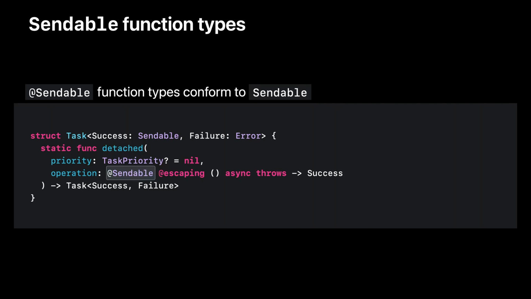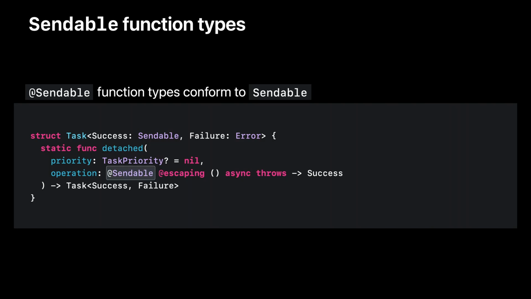That implies that values of that function type can be passed to other isolation domains and called there without introducing data races on their captured state. Normally, function types cannot conform to protocols, but Sendable is special because the compiler validates the semantic requirements for it. There is similar support for tuples of Sendable types conforming to the Sendable protocol, which allows Sendable to be used throughout the entire language.